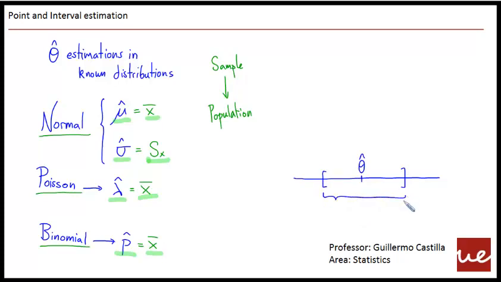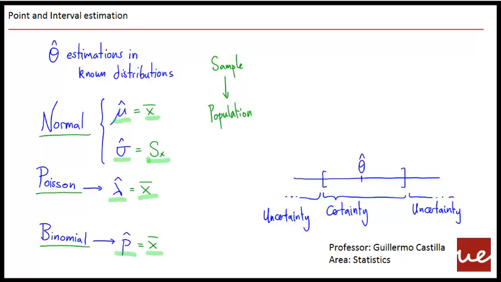But of course, we don't only want the certainty of a point, because we're practically sure that it's not going to be exactly that point. It's going to be close by, probably, but not exactly that point. So how can we estimate an interval that gives us a certain certainty?